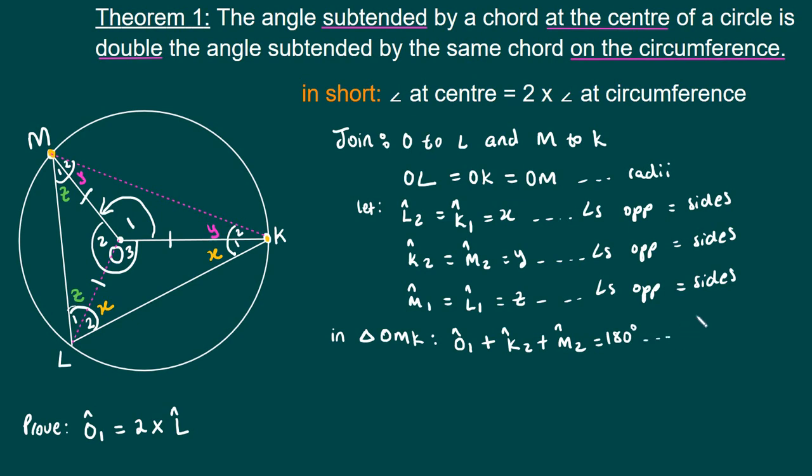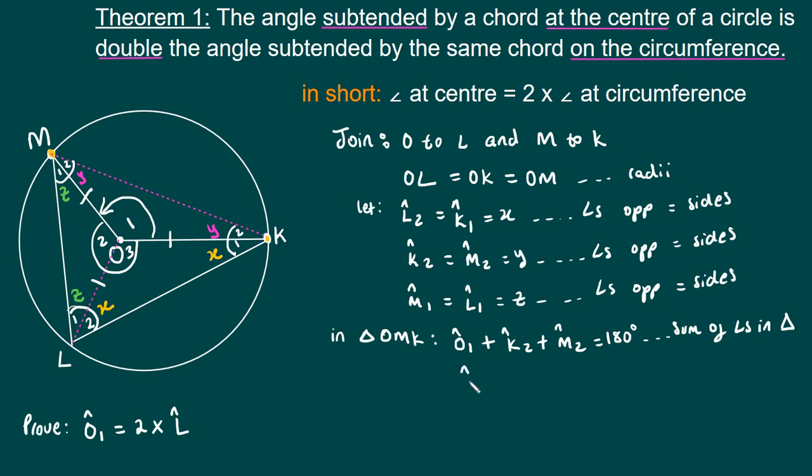And then what is your reason? Do you still remember the reason for adding angles in a triangle and saying they must be equal to 180? Sum of angles in a triangle. Perfect, because those are the sum of the interior angles in a triangle.